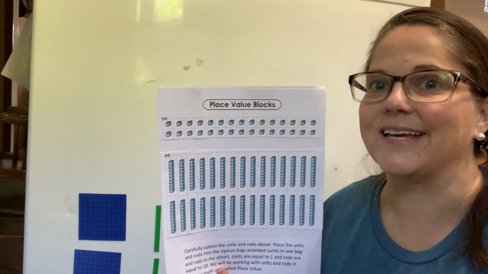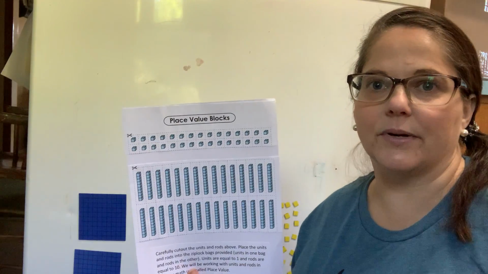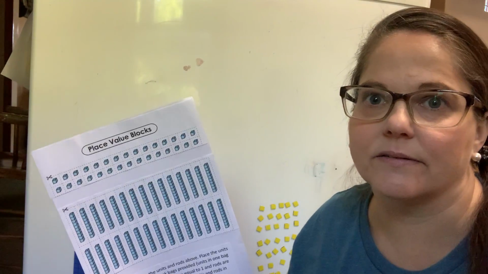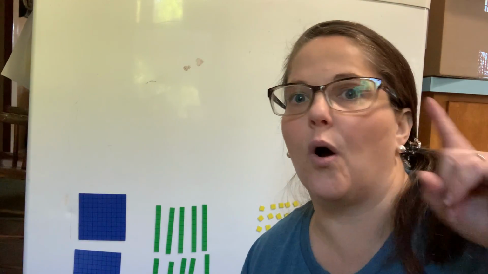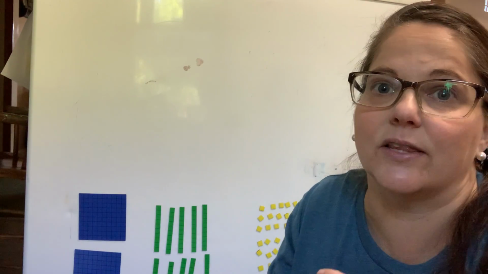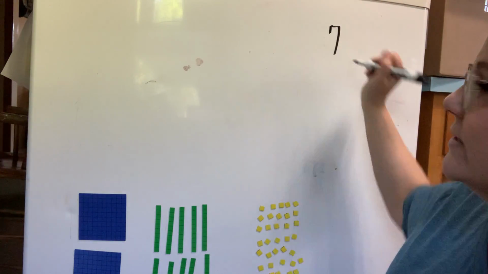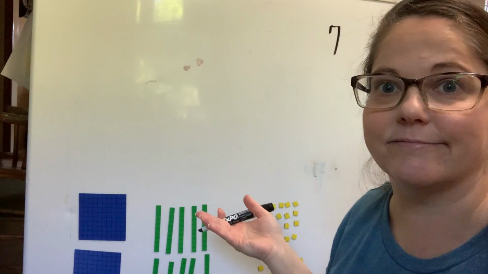Okay. So place value. Every number lives in a place. So if you just see a one-digit number someplace, that number is just living in the one place. So if I have a 7 right here, that's just a 7.